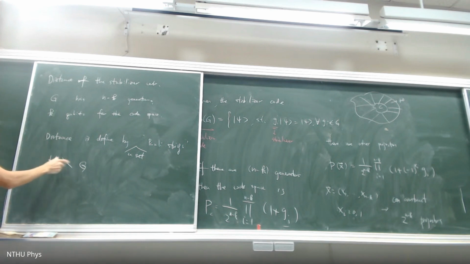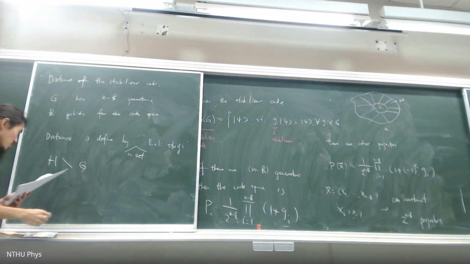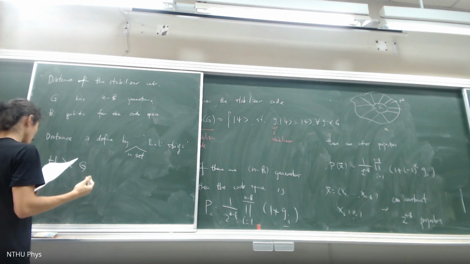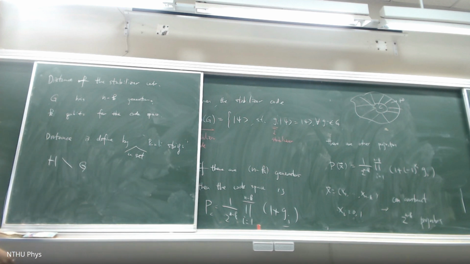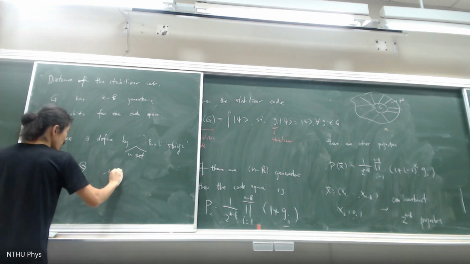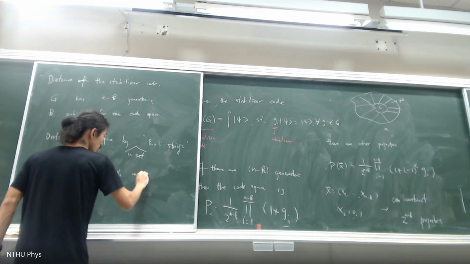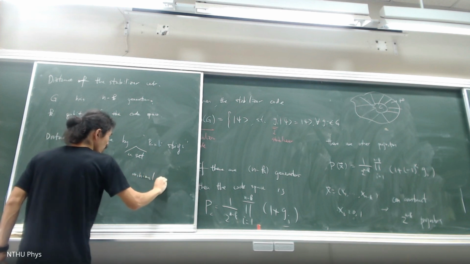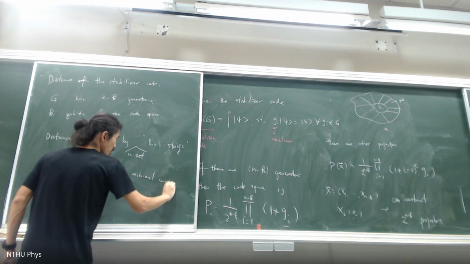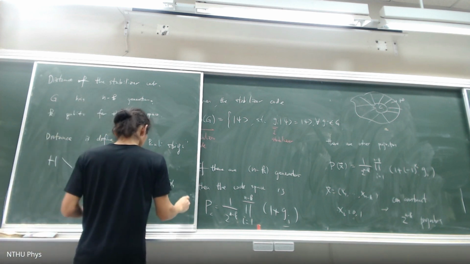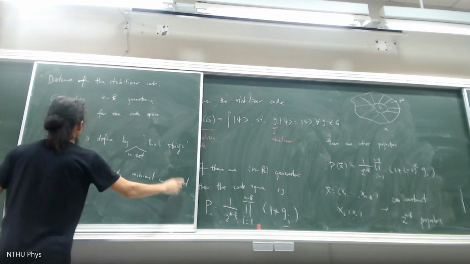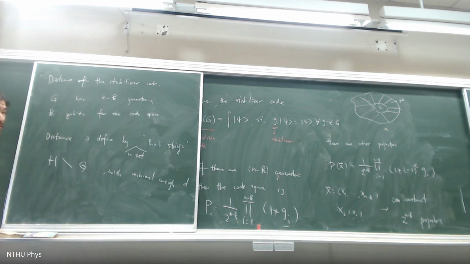So this set of Pauli strings will contain no stabilizers inside. And I want to construct this set of strings with minimal weight.